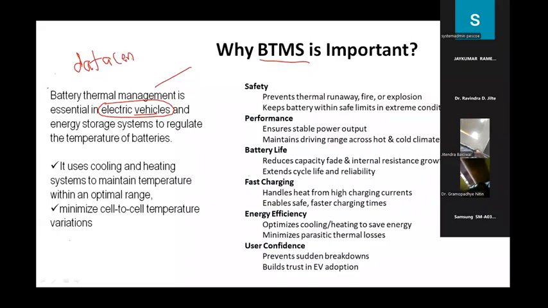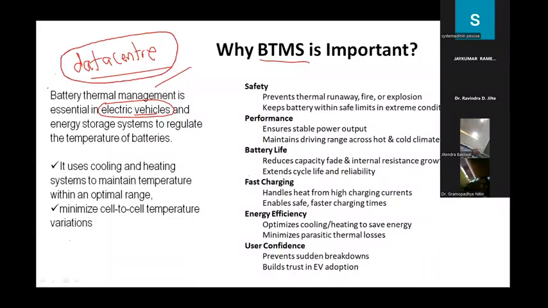Now imagine the size of the backup which they provide at a data center, the size of the batteries they must have, and the kind of battery cooling solutions they need to operate the data center safely so that all the data will be in a safe place.